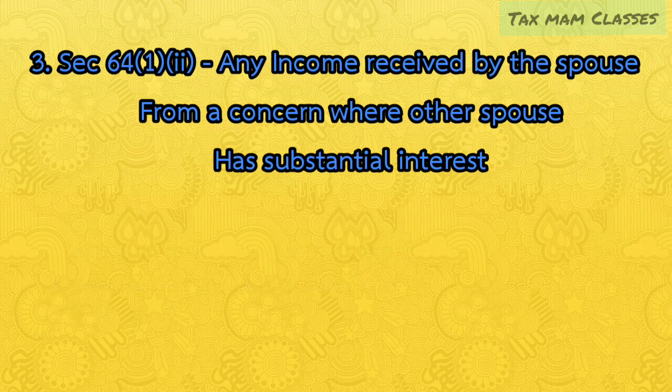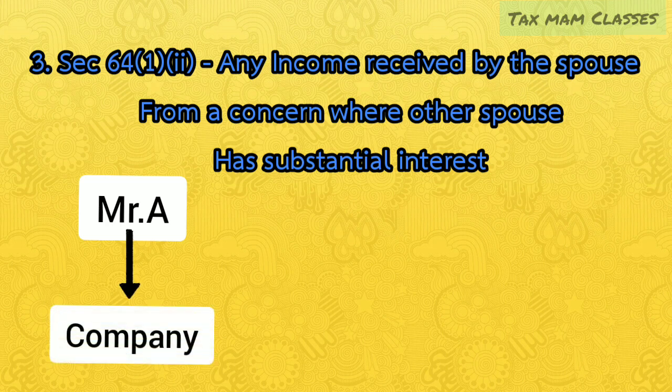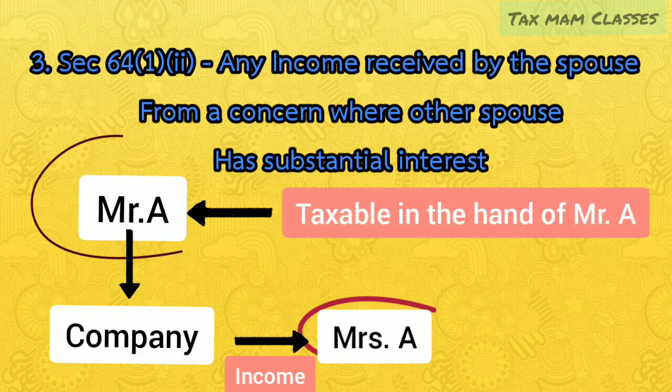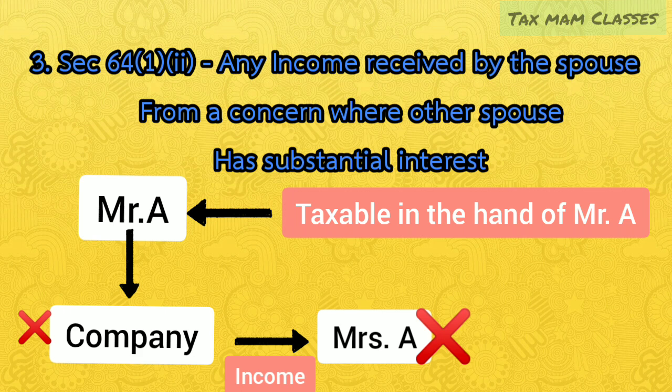For example, let's take Mr. A is having a substantial interest in a company, and the company is giving some income or some remuneration to Mrs. A, the spouse of Mr. A. Then in this case the income whatever Mrs. A is receiving will be taxable in the hands of Mr. A only, but not in the hands of company, or but not in the hands of Mrs. A. Why?